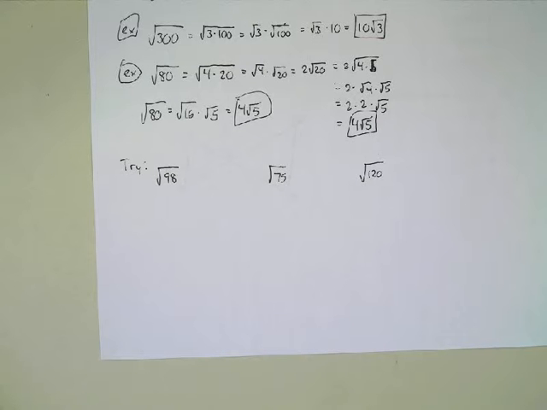Let's do it so we have a good note in our notebook, okay? So the square root of 98 equals the square root of 2 times the square root of 49.